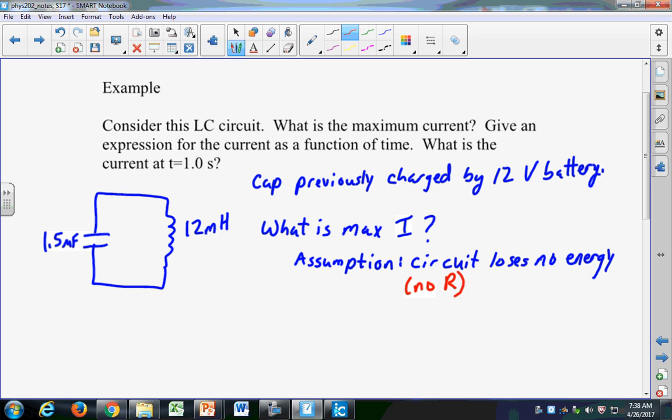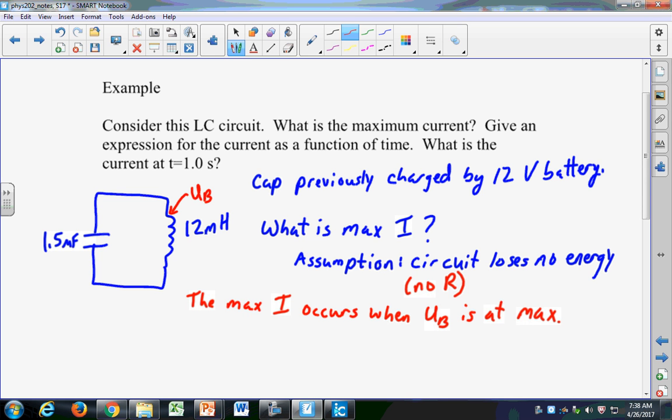All right, so first I want to know the maximum current. The maximum current occurs when U_B is at its max. And remember, U_B, that's the potential energy in the magnetic field.